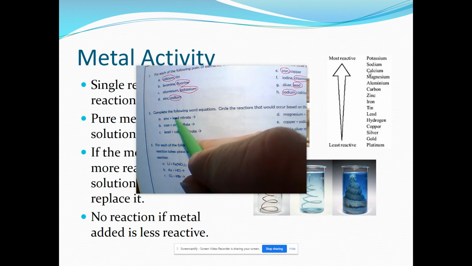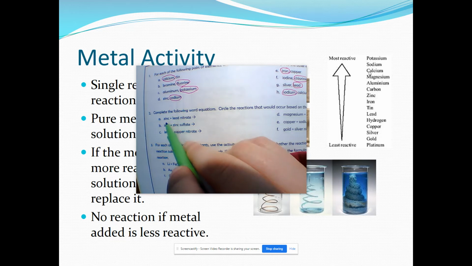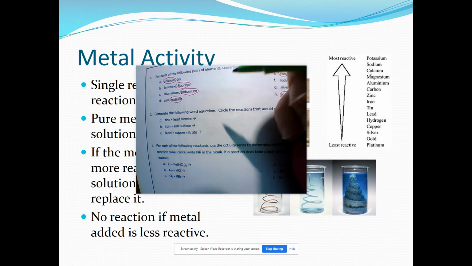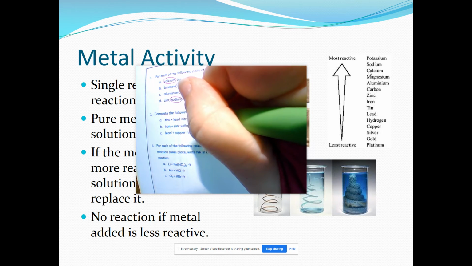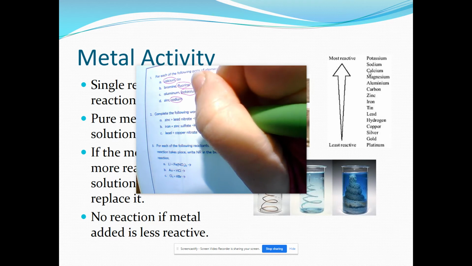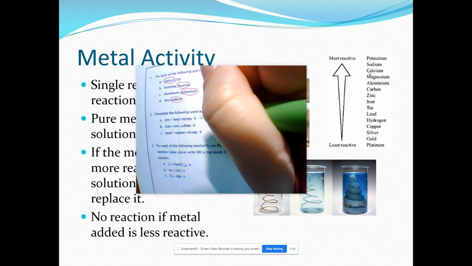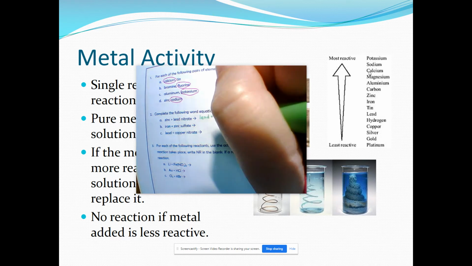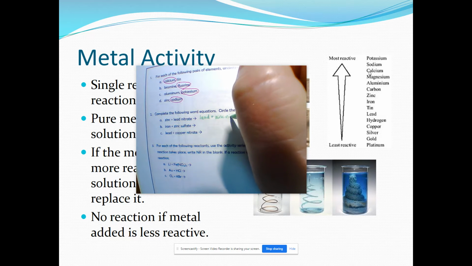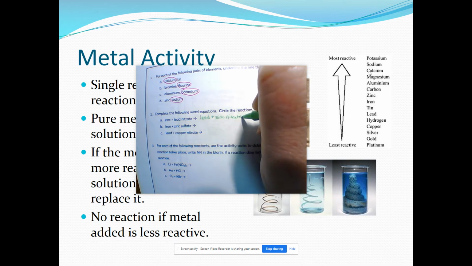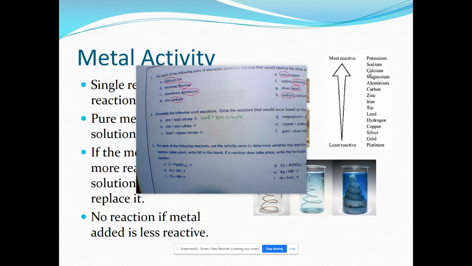Well, this is a single displacement reaction, meaning zinc and lead will switch places. So we'll be left with lead by itself and zinc nitrate. Okay, so we're left with lead and zinc nitrate.